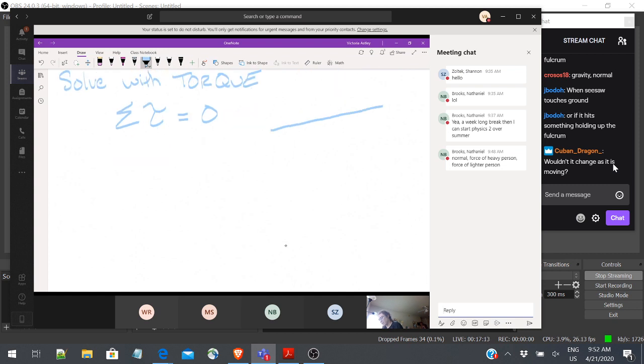So if I think about my seesaw, what are the torques acting on it? Each of these forces could be exerting a torque, but it might not be.